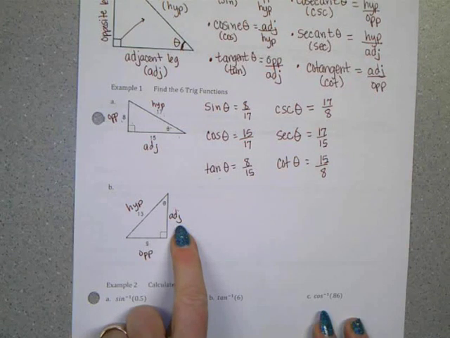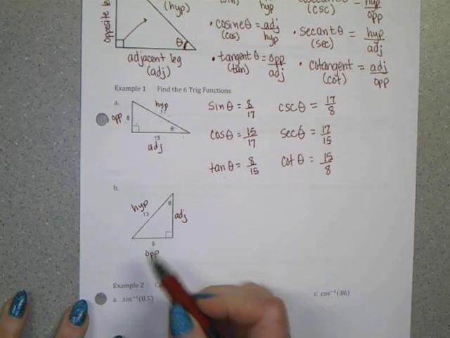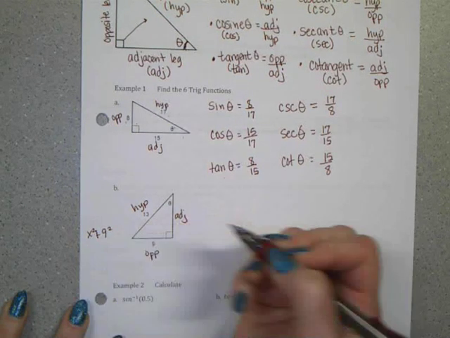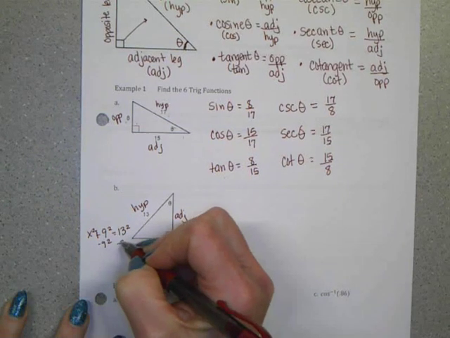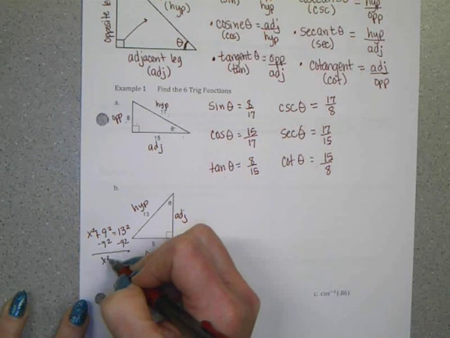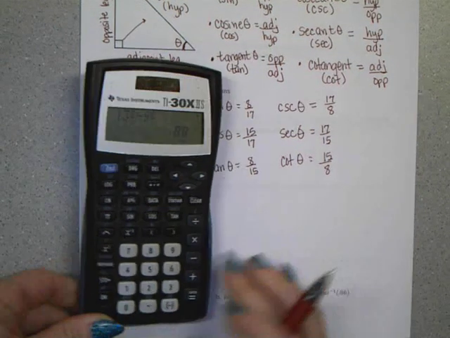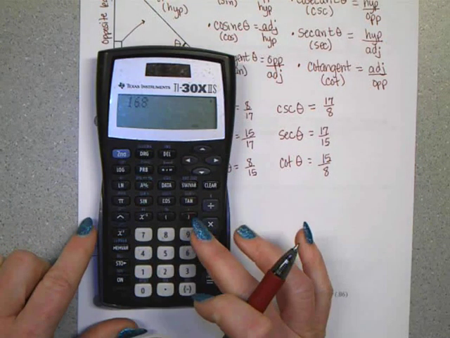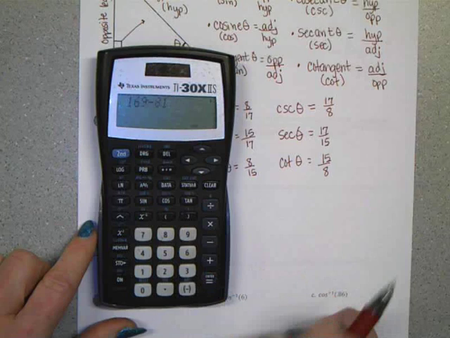So using our Pythagorean theorem, we have a leg squared plus a leg squared, so the one I don't have, x squared plus 9 squared equals 13 squared. So I'll minus 9 squared and let my calculator do the work for a minute. So 13 squared minus 9 squared is 169 minus 81, which is 88.